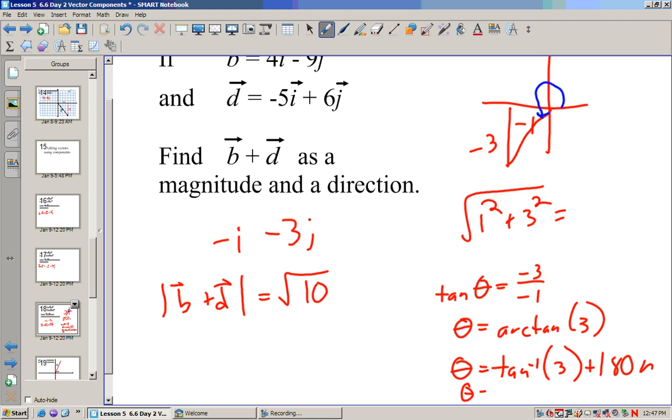The inverse tan of 3 is 71.57. If we look at this, 71.57 is not reasonable, so we'll add 180 degrees to it. 250 degrees is reasonable, so we'll say that the direction is 251.57 degrees.